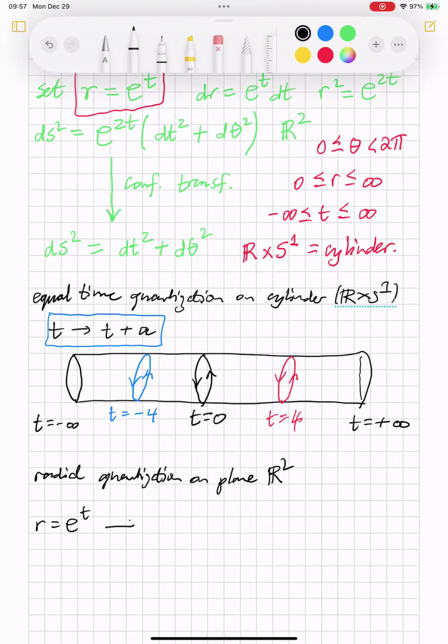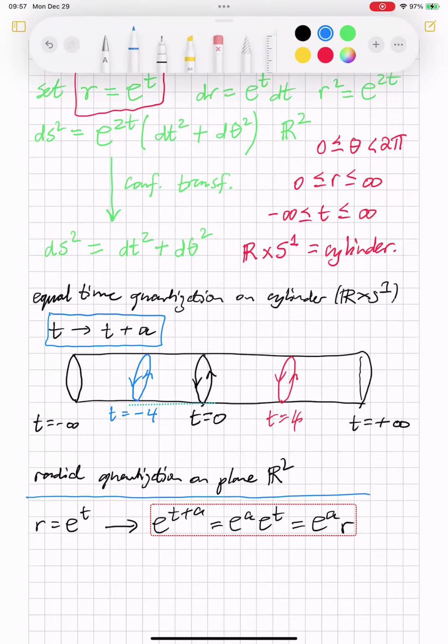If I now shift, t goes into t plus a. This becomes e to the t plus a. And that is nothing but e to the a times e to the t. And we said e to the t was r. So this is just e to the a times r. So a time translation on the cylinder becomes this transformation on the plane.